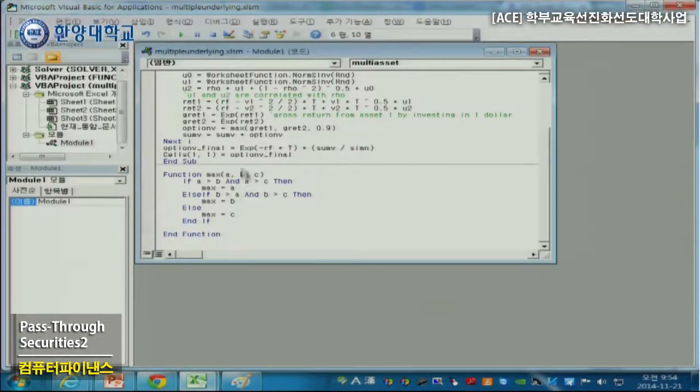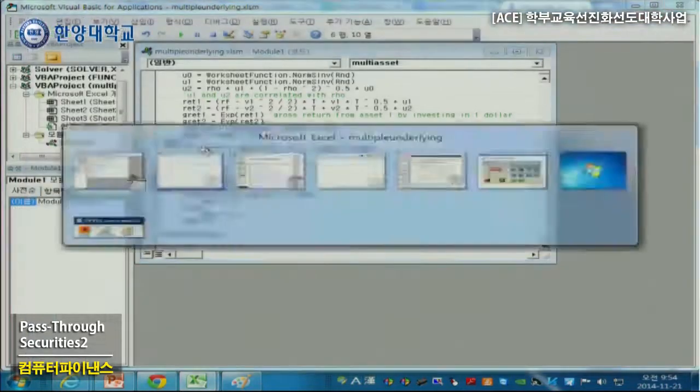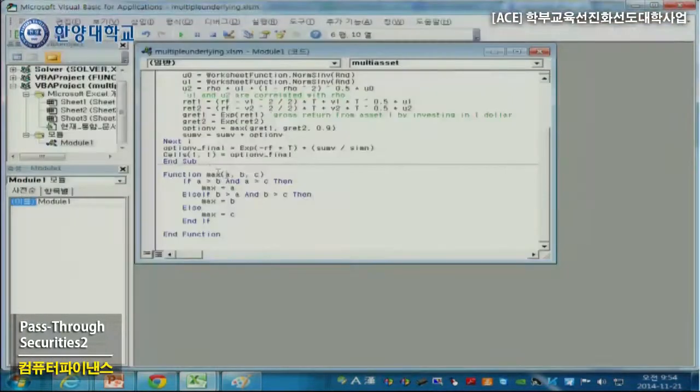This function part is also a very useful technique. When you work in Excel in your job, sometimes you have to use very complicated functions. Whenever you write a complicated function, if you define it in Excel VBA, you can simply call your function. So it is very, very convenient.